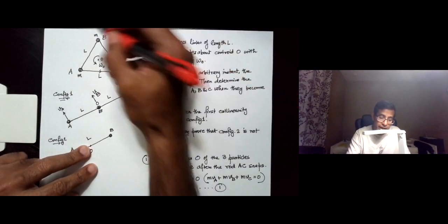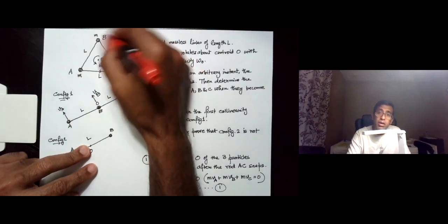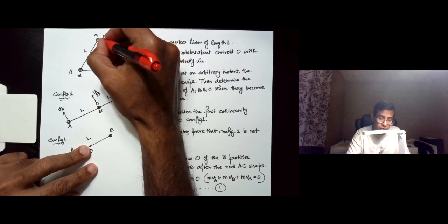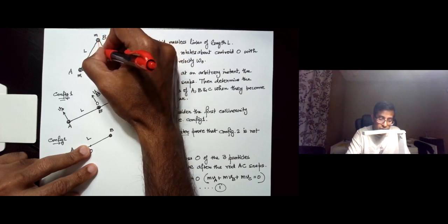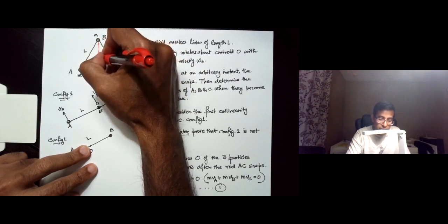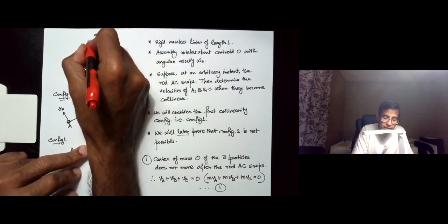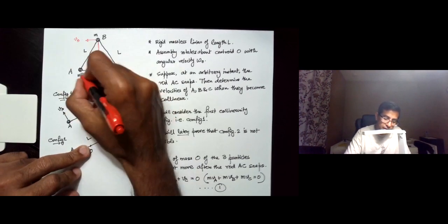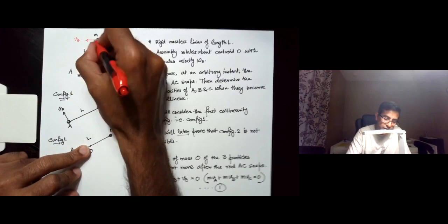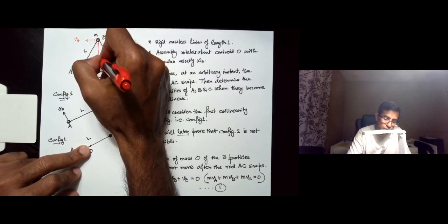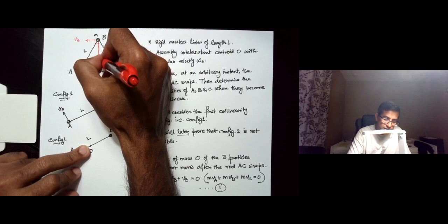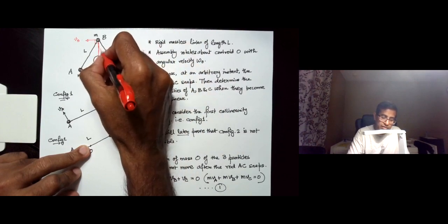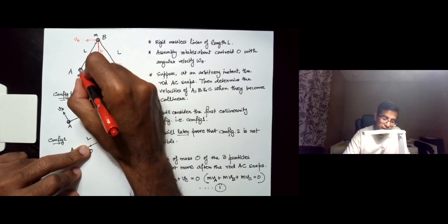To find the initial angular momentum, we note that the whole assembly initially is rotating about the point O, and so the velocity at B is this way, so that's VB initially. The velocity at A is perpendicular to the radius of the circle at that point, right? So let's say that the radius of that circle is h.